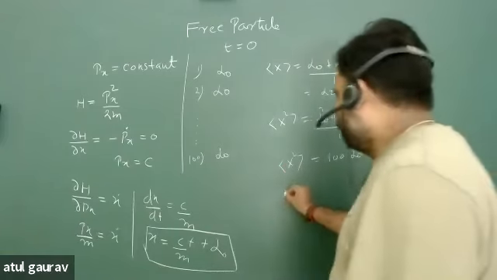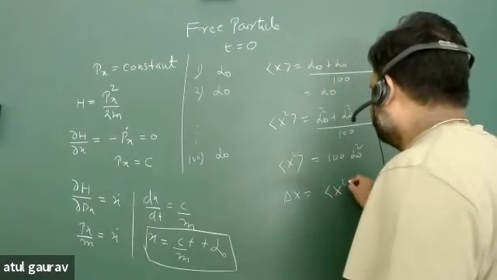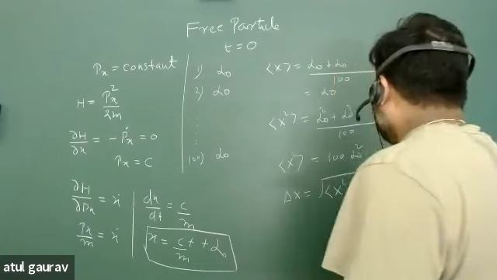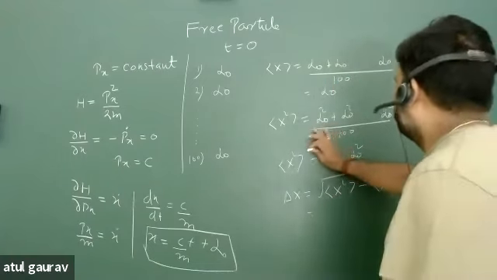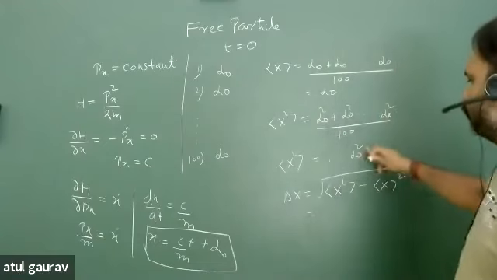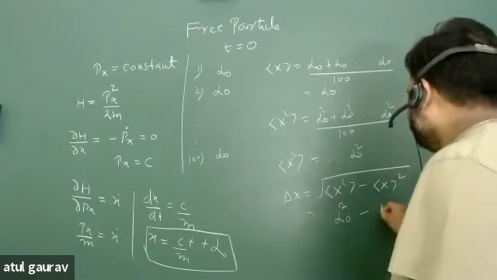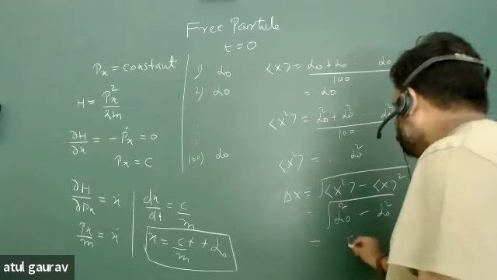What will be the value of delta x? Delta x is about x square minus x whole square, so alpha naught square minus alpha naught square, that will be 0.